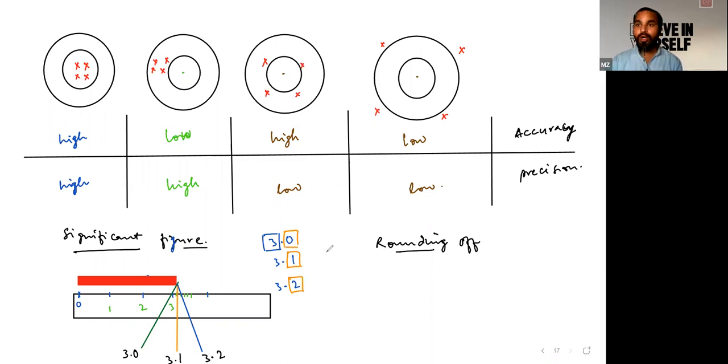It may change from observer to observer, depending on whether he or she has taken the observation correctly, perpendicular to its alignment, or at some deflected angle. That's why its value would be changeable. So we can't be sure about this digit. We can say this is the uncertain digit for this calculation, and this is your certain digit, or we may call it the true value for that measurement. Is it clear to everyone?